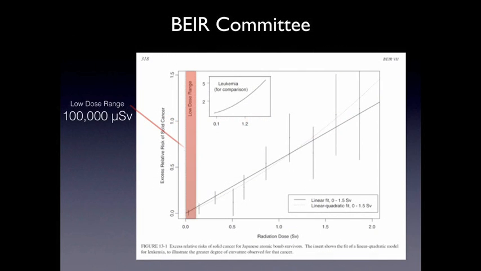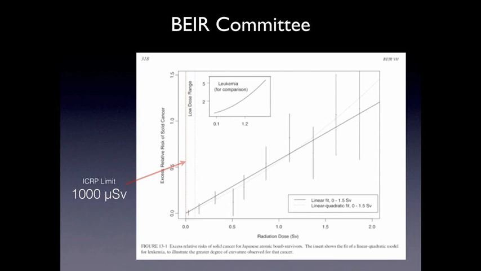To put that in perspective using a visual, this is the actual data graph from most of our dosimetry studies, and the low dose range that the BEAR Committee uses and most of these groups use is 100,000 microsieverts. Now, the ICRP is in fact 1/100th of that in terms of their recommendation of low dose.